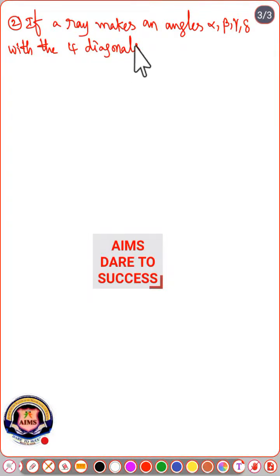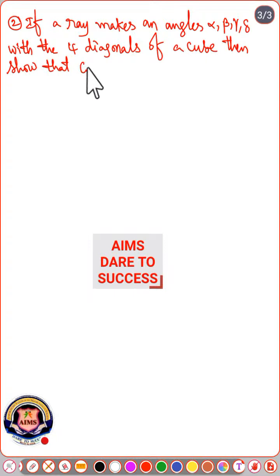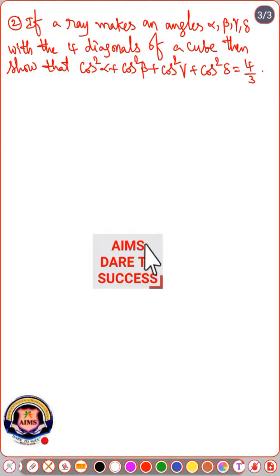Here with the four diagonals of a cube, then show that cos square alpha plus cos square beta plus cos square gamma plus cos square delta is equal to 4 by 3.